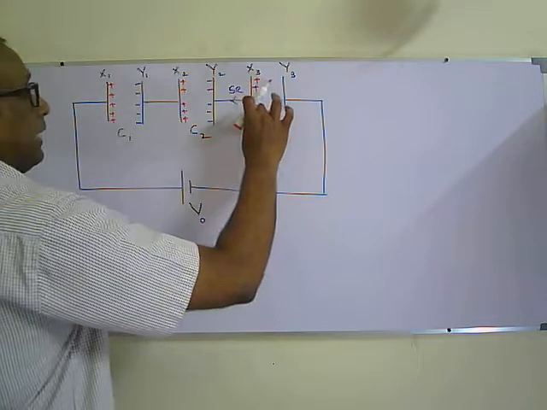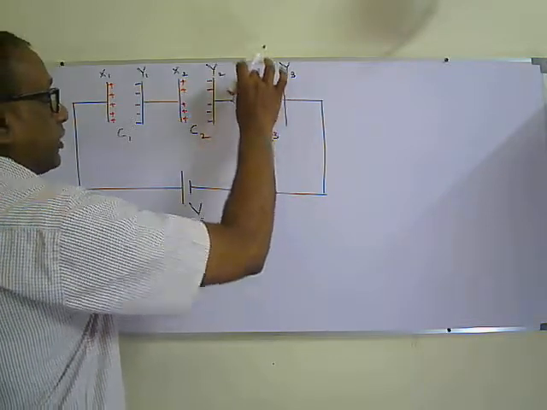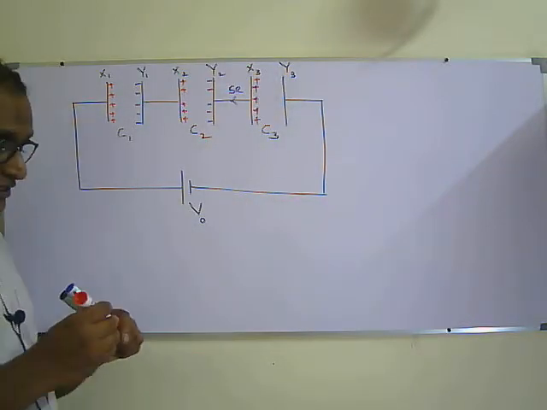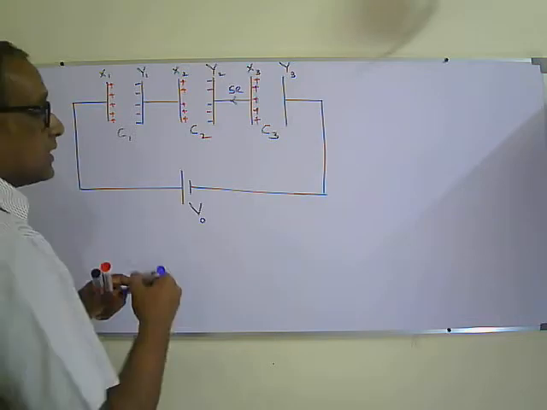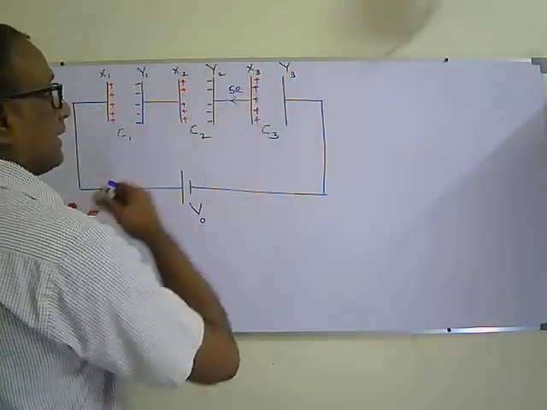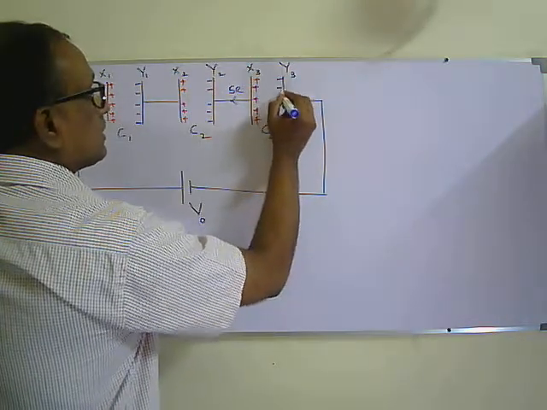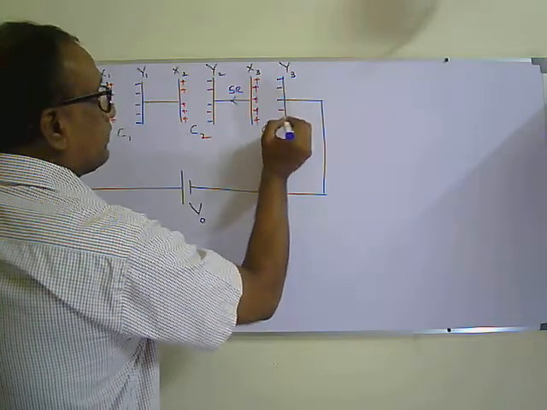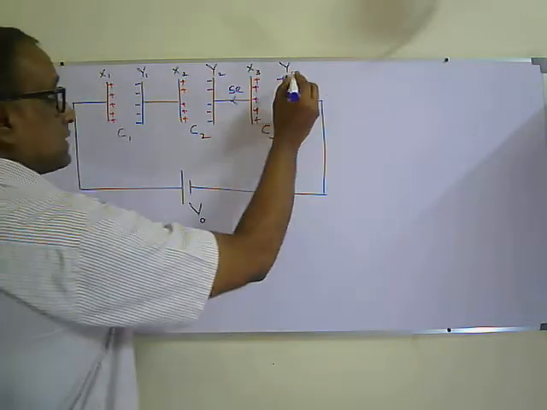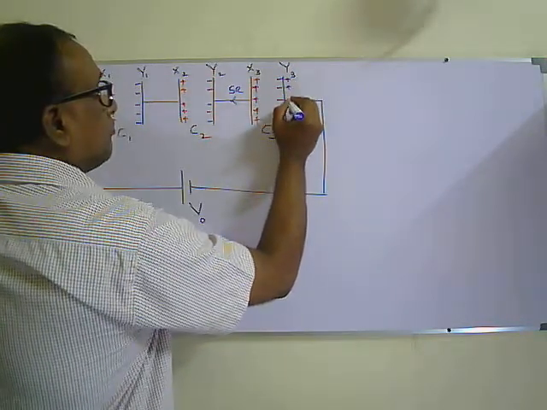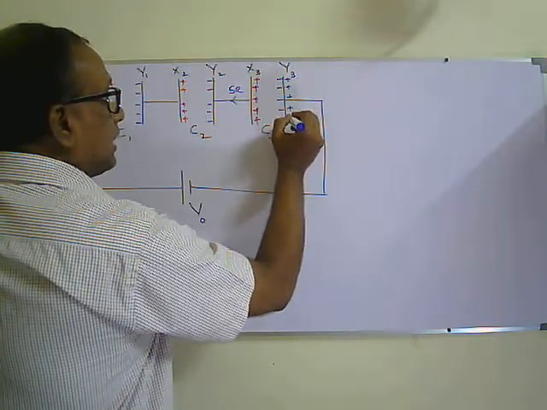Now think about the plate Y3. These 5 positive charges will induce, same thing like here, negative charges towards the inner surface of the plate Y3 and the outer surface will consist of 5 positive charges.